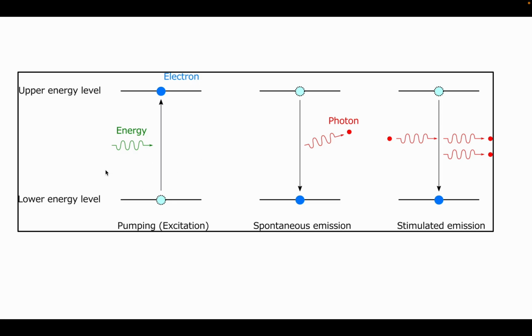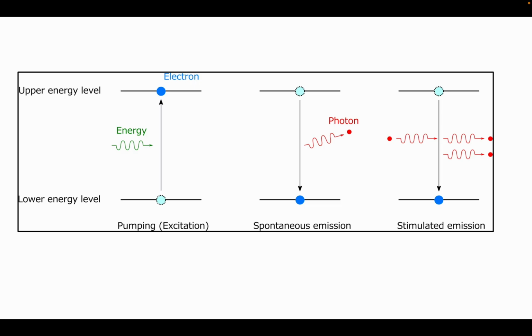If you supply that atom energy equal to the difference between the energy levels, delta E, that is E2 minus E1, then the lower-energy electron will jump to the higher energy level. But if you supply a lesser or a greater amount of energy to this system, the electron will not make any transition.